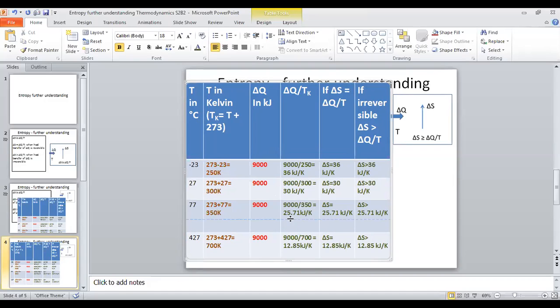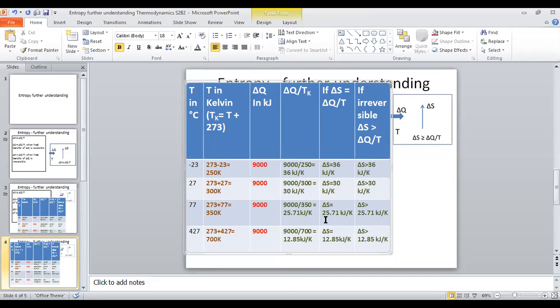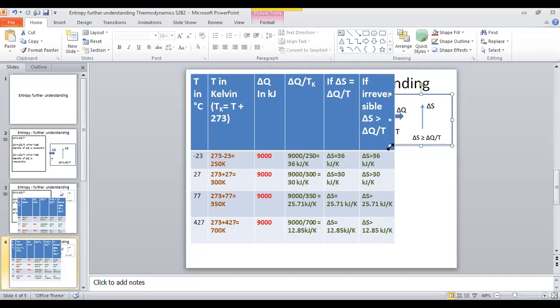Very, very important. If you don't know how to justify, you can calculate the entropy value, but what's the point? Very interesting. Yes, master tip.